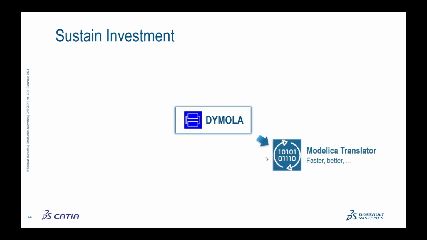We want to keep that position and have better translation capabilities and execution capabilities, but that's a low-hanging fruit, and I won't go too much into detail for that because Dag already did. And we want to continue to invest in that compiler, and you will understand why, because that's going to be the heart of the full system simulation offer we want to provide.